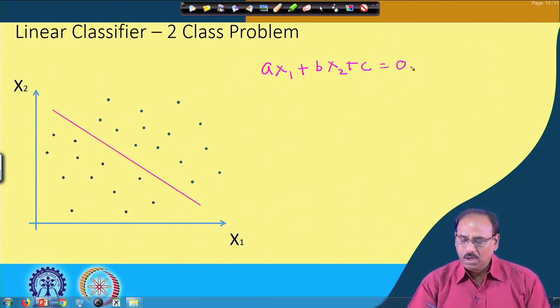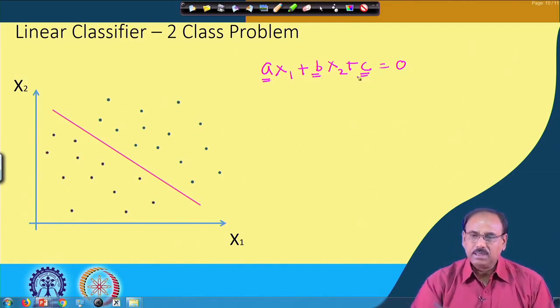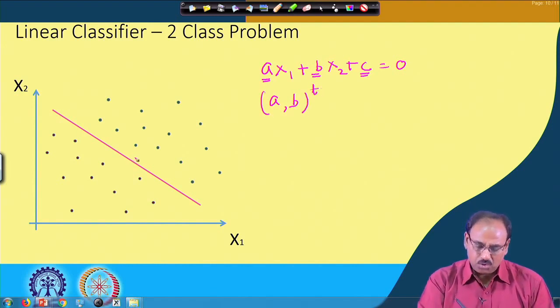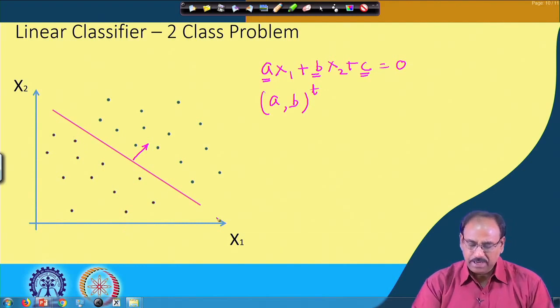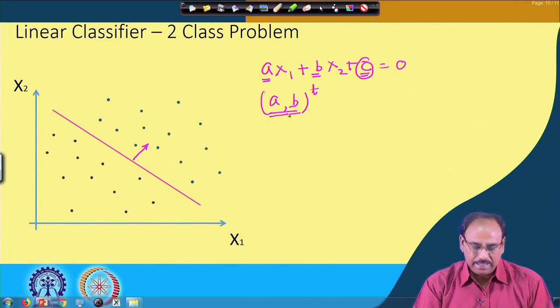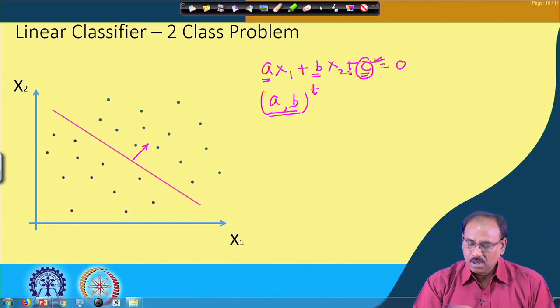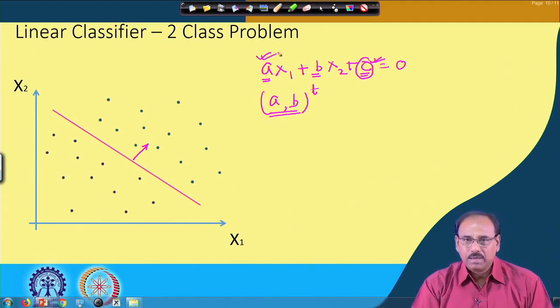So, the parameters representing this particular straight line are a, b and c, where we know that the vector (a, b) is orthogonal to this separating line, and c represents the position of the line in that two dimensional space. If I vary a and b, the orientation of the line will be different, and if I vary c, the position of the line will be different. So, this is what we have in case of a two dimensional space.